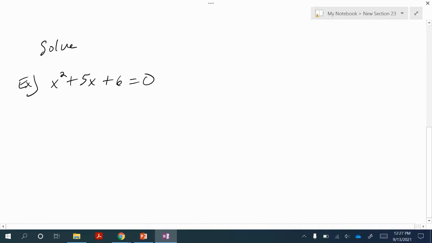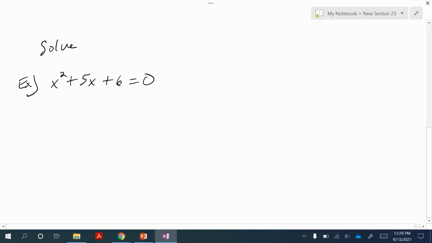So what does standard form mean? Well, standard form simply means that your equation must be set equal to 0. If your equation is not already set equal to 0, then you must force it to be equal to 0, and then we're going to proceed to factor.